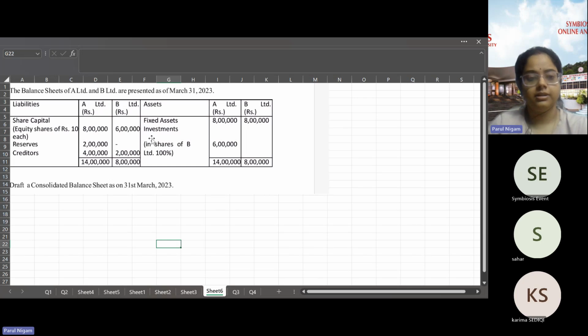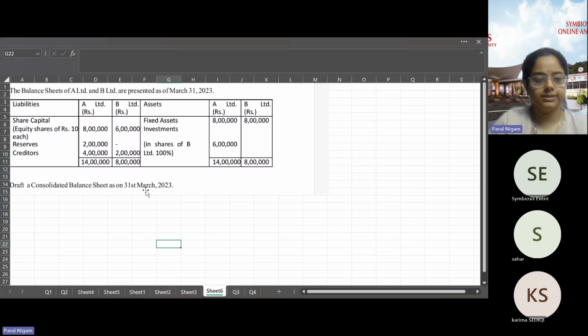That means under investments of A, you will have shares of B Limited. And if you see B Limited's share capital, that share capital basically belongs to A Limited. That's the relationship. Okay. So you have to draft a consolidated balance sheet as on 31st of March 2023.